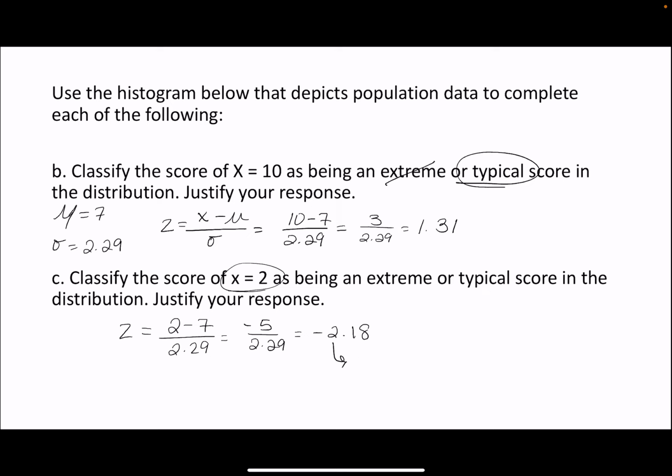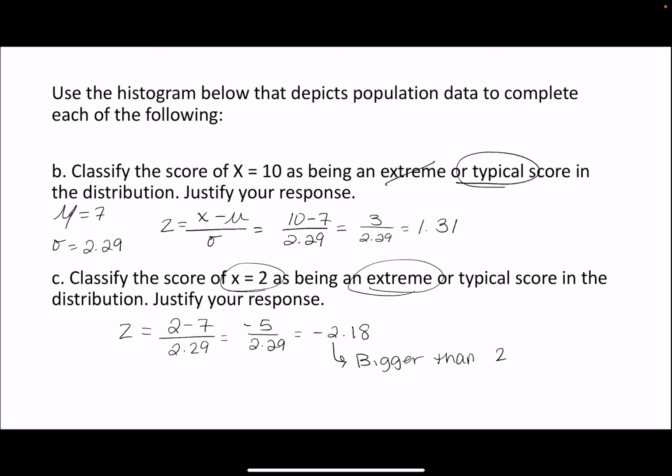And since this is bigger than 2, and I'm not even really concerning myself so much about the negative, I'm just thinking of the fact that it is 2 standard deviations away from my mean, this would be considered an extreme score.